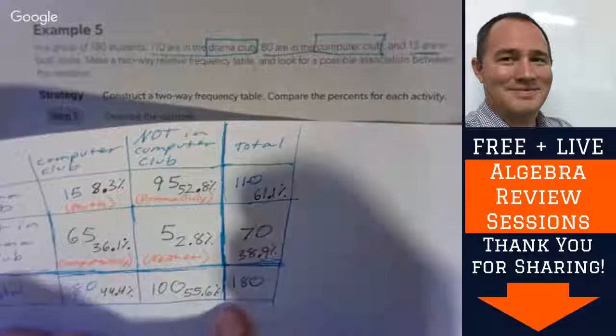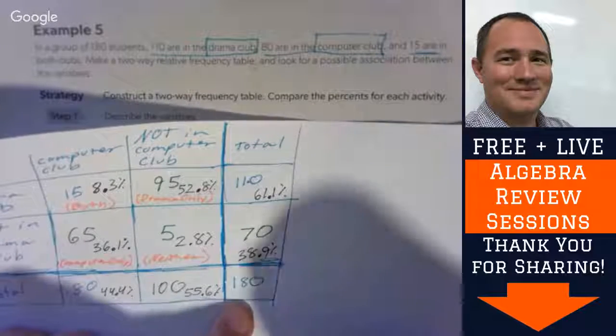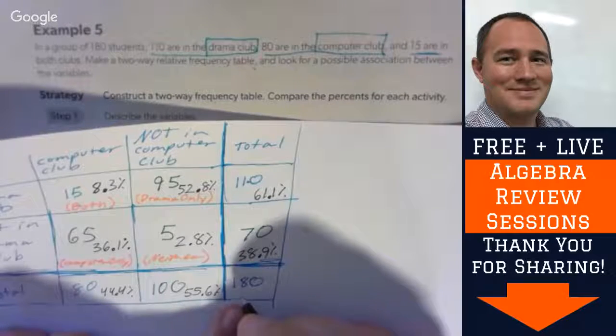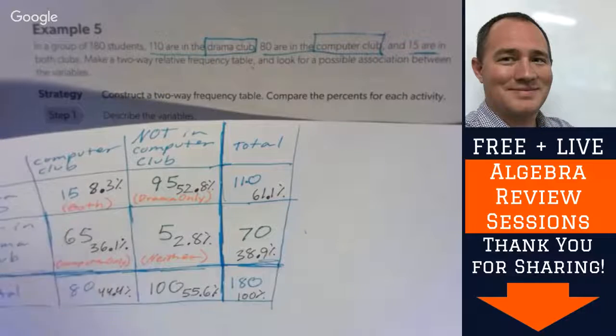And 180 over 180. So when you count up all the students that were surveyed, you have 100% of the students that were surveyed, right? So 180 over 180 is 100%.